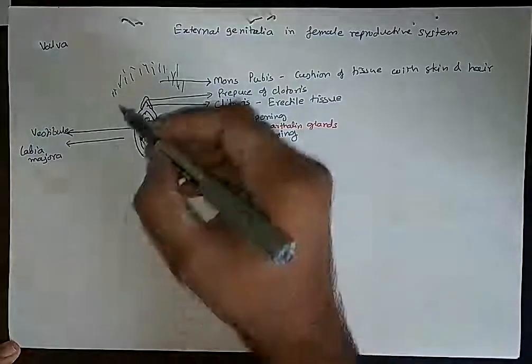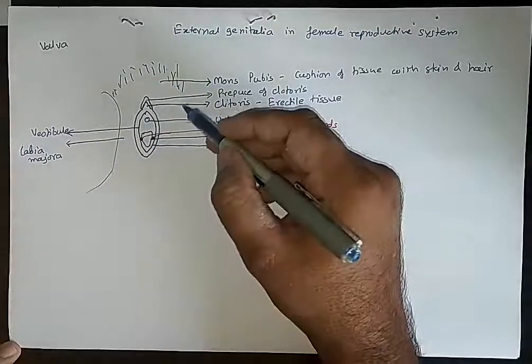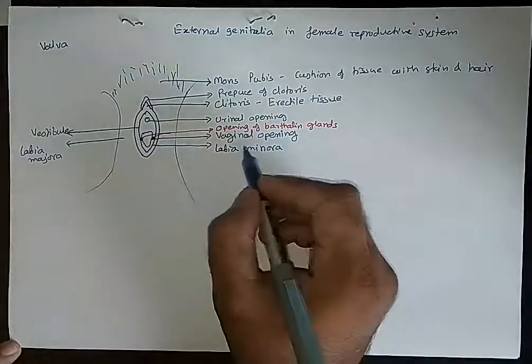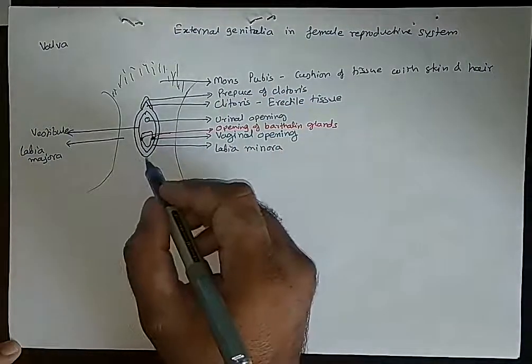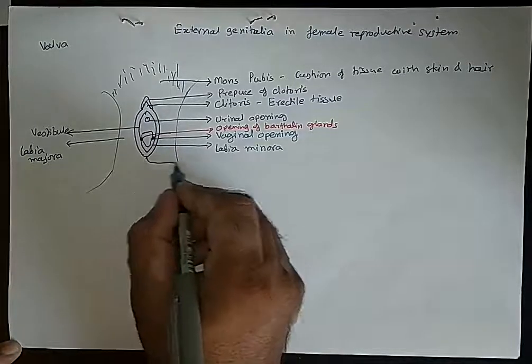Then these two are the legs of it. Then the labia minora fuse at the posterior region, and that part is called the fourchette.